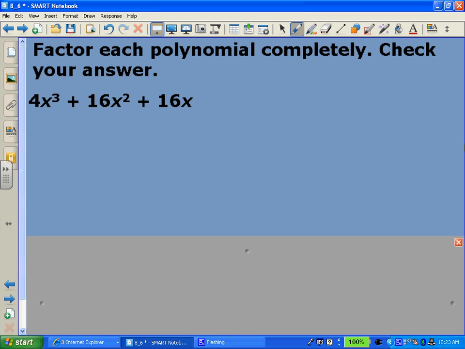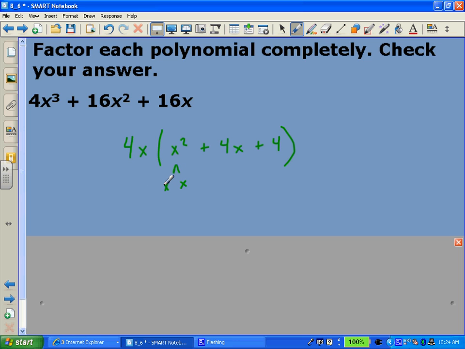Alright, let's look at a few more here. So 4x to the third plus 16x squared plus 16x. I notice that these all have 4x in common. So if I factor a 4x out, I'd have x squared plus 4x plus 4.